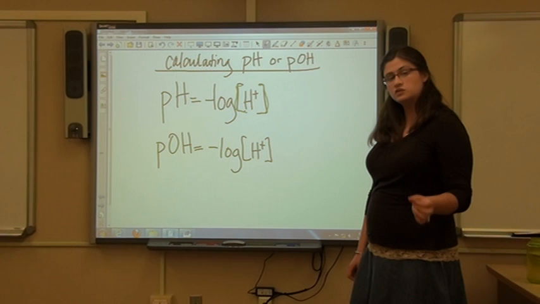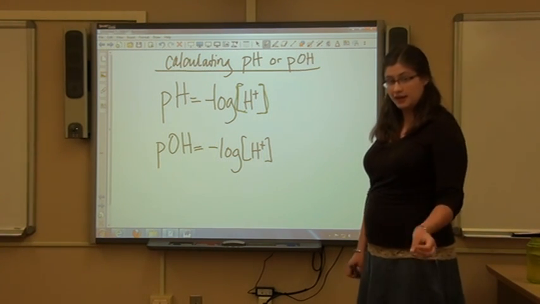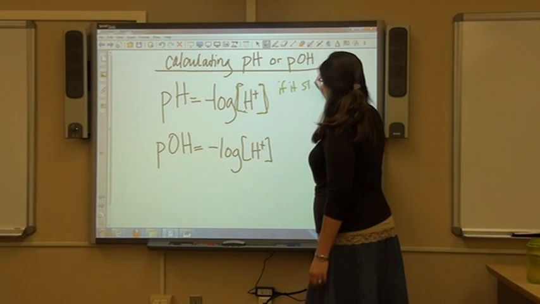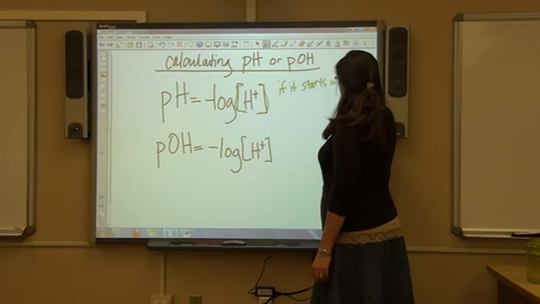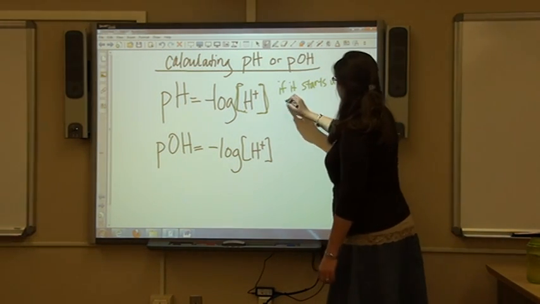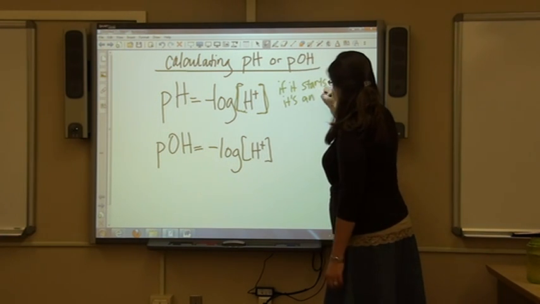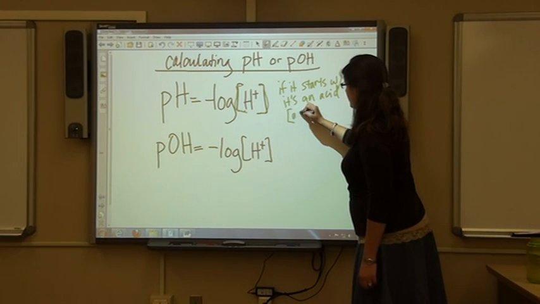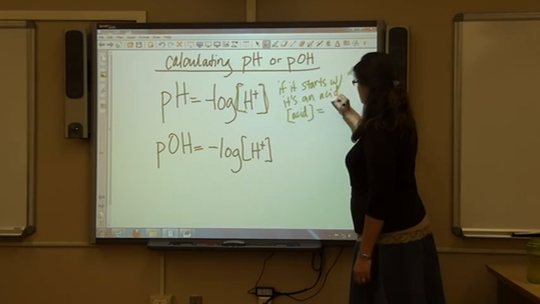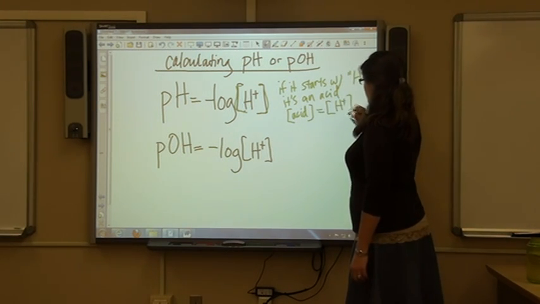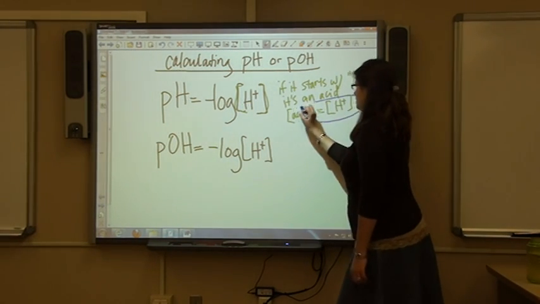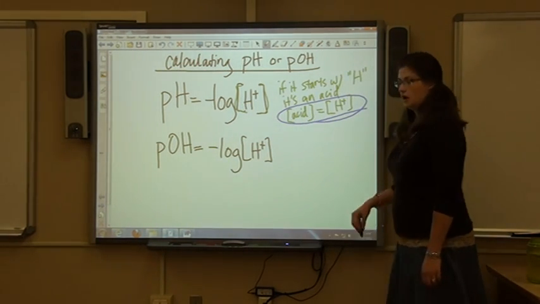For all of your solutions that start with the letter H, if it starts with H, it's an acid, and the concentration of your acid is equal to the concentration of H plus. This is something I need you to write down and circle, highlight in your notes.